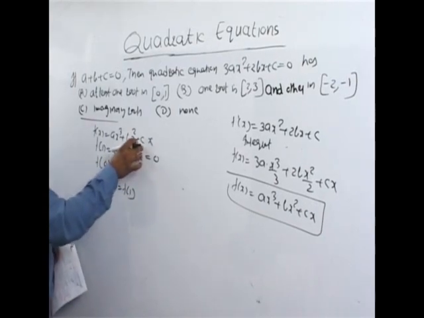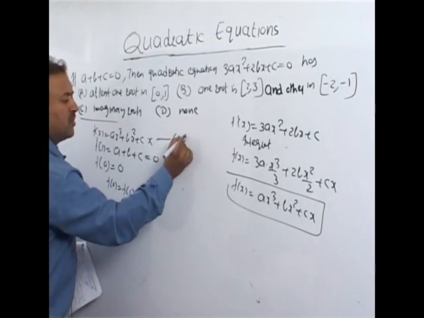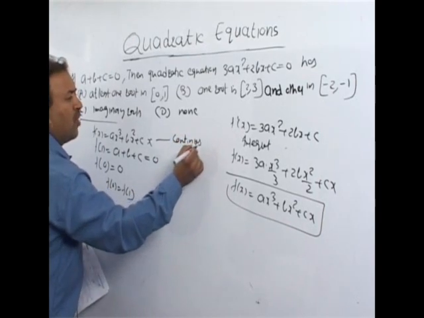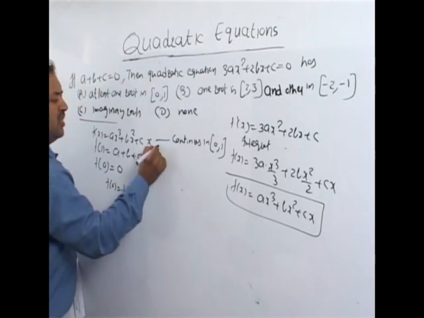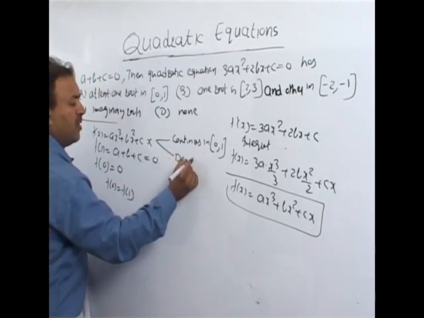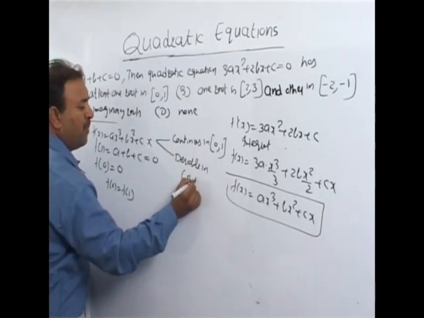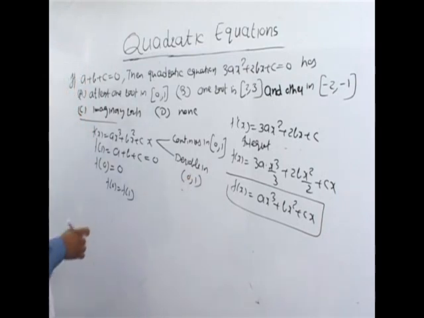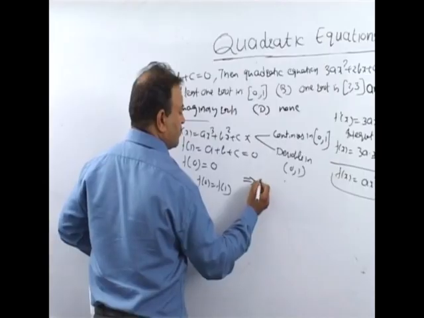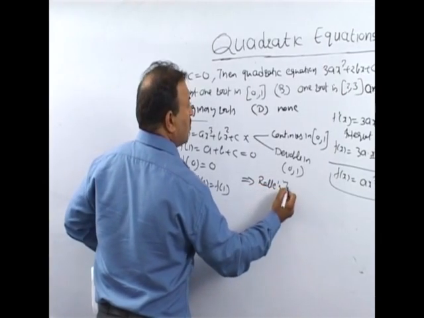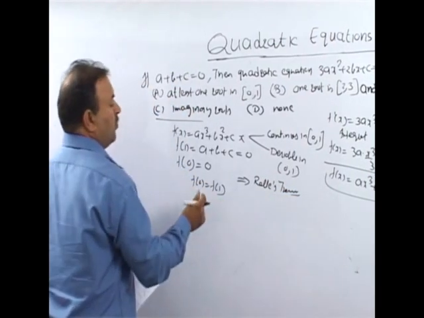Since it is a polynomial, it must be continuous in [0, 1] and differentiable in the open interval (0, 1). f(0) equals f(1), which means Rolle's theorem is satisfied.